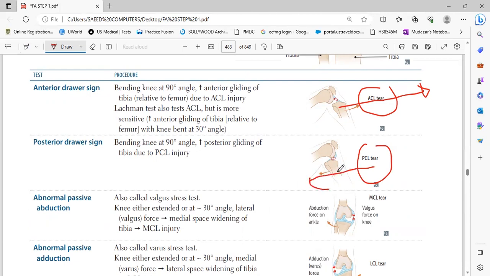So the drawer sign, bending the knee at 90 degrees, anterior gliding of the tibia is due to ACL injury. Same in this case, bending at 90 degrees, posterior gliding of the tibia is due to PCL injury. So this one is for ACL and this is for PCL.